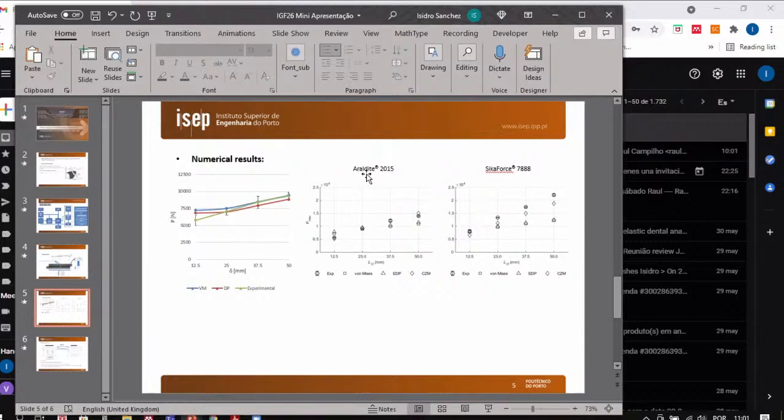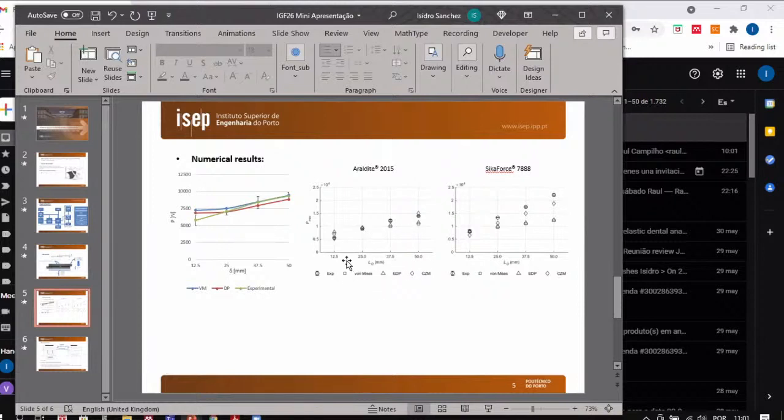However, for the Araldite 2015, we can see our predictions got better. Although they are more variable, we are close to the experimental data and close to other solutions, the CZM, which is very well known in the literature.